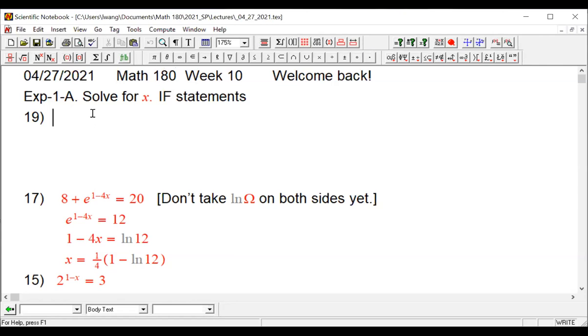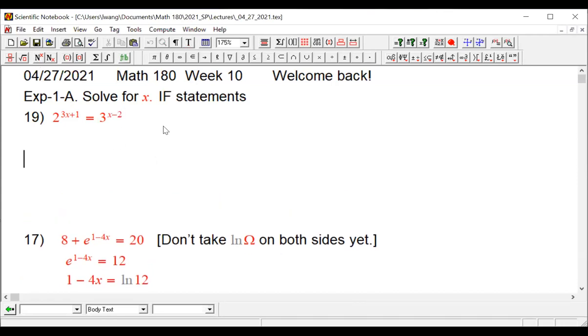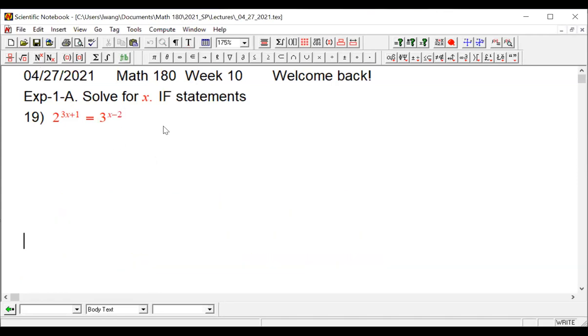So I'm going straight to the hardest question here: 2 to the power of 3x plus 1 equals 3 to the power of x minus 2. Tomorrow we're going to revisit.